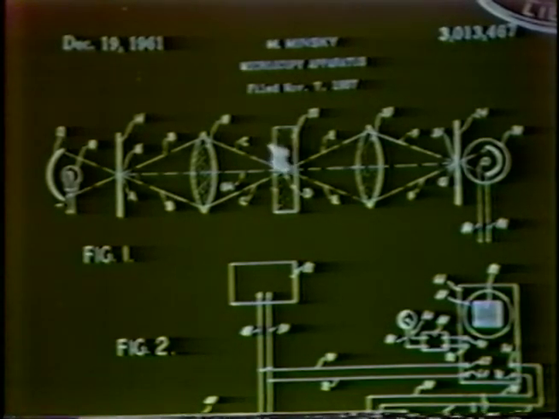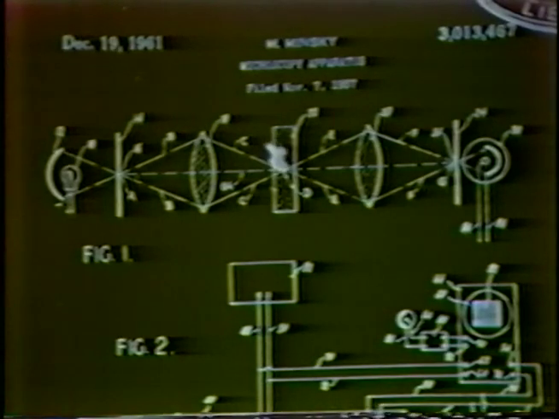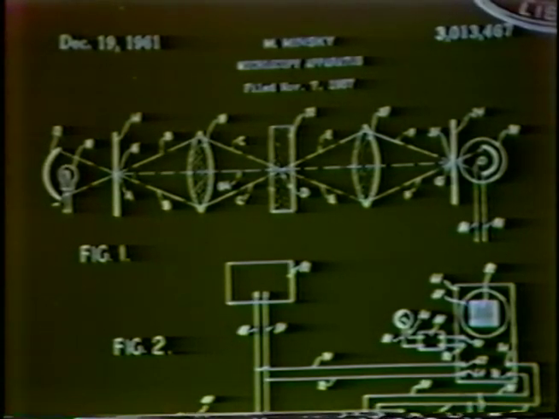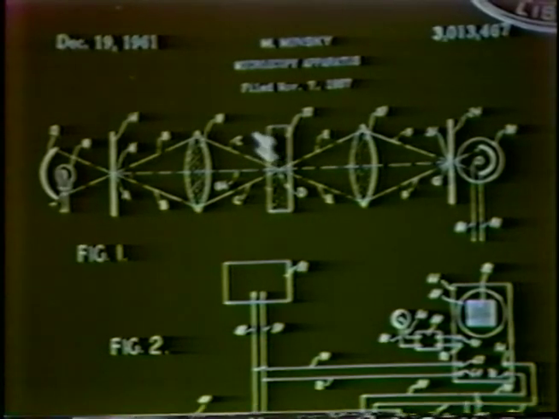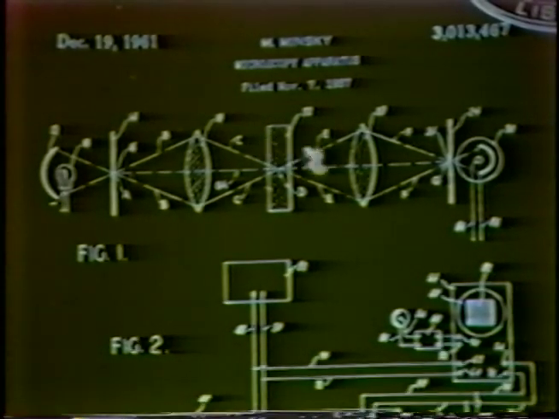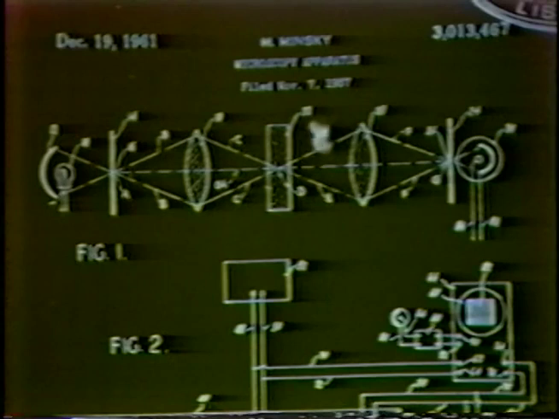Strictly speaking, onto the three-dimensional point or volume which we wish to obtain information from. We examine that uniquely and brightly illuminated point with a second microscope which is focused onto the same point.